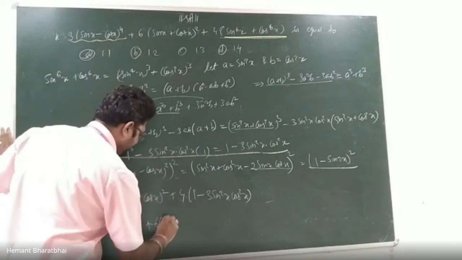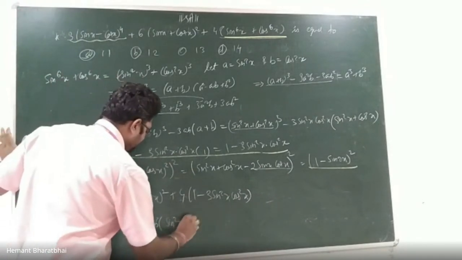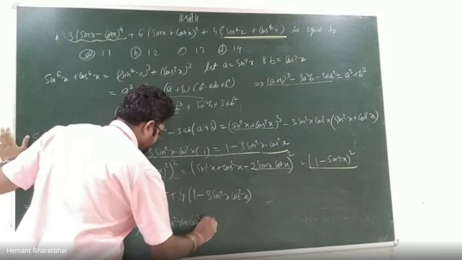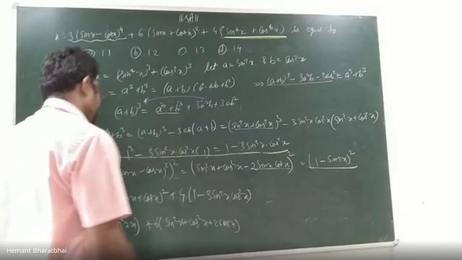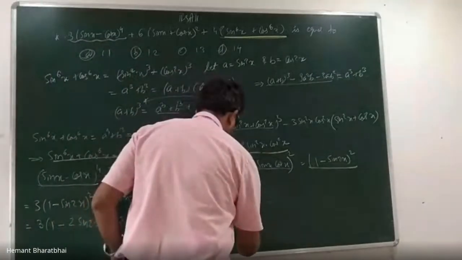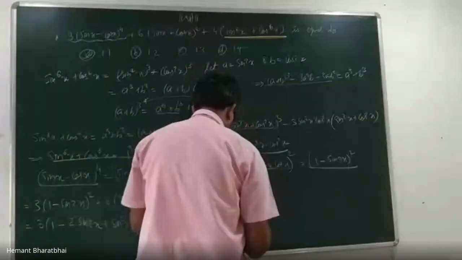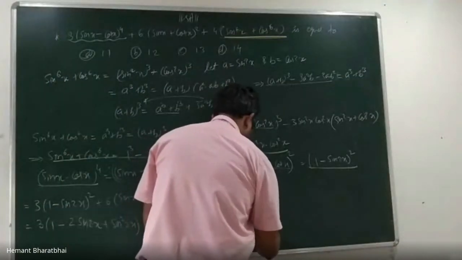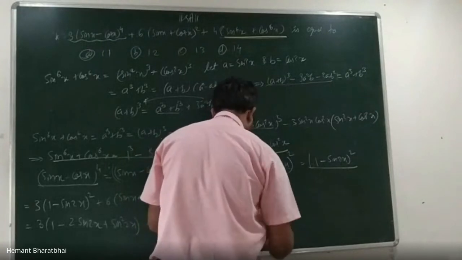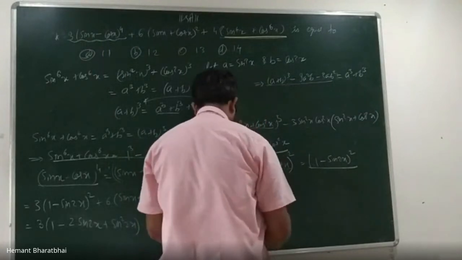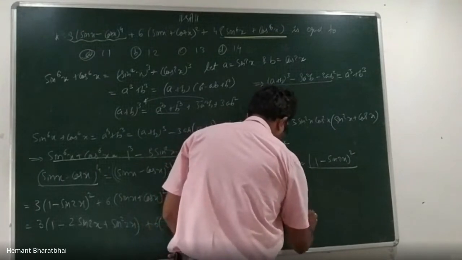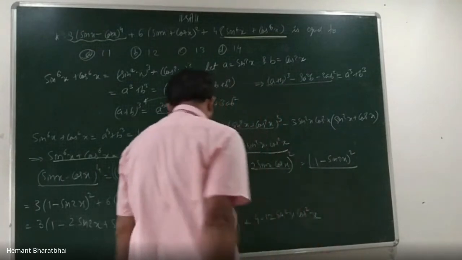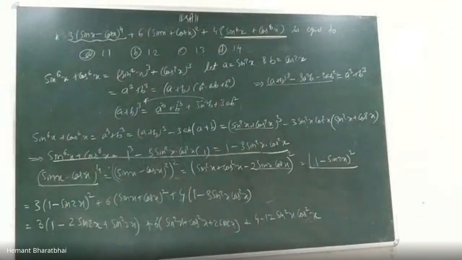So this will be sin square x plus cos square x plus 2 sin 2x. This 4 I'll multiply inside, so I'll get 4 minus 12, 4 into 3 that is 12, minus 12 sin square x into cos square x.